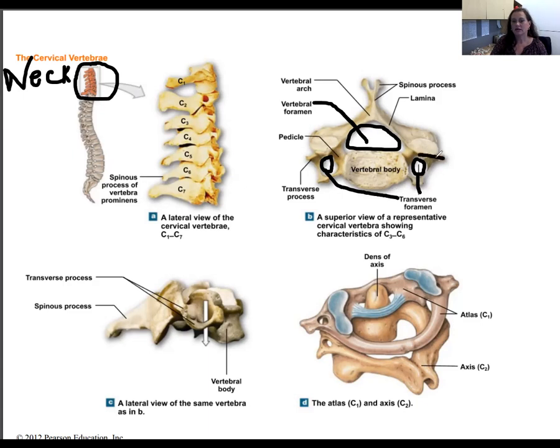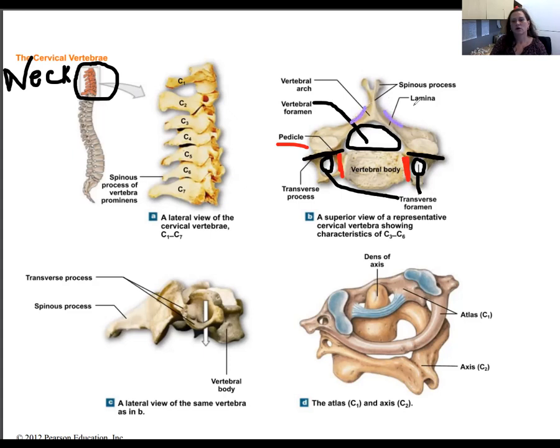Then this side goes out like this, and this side that goes out like this, that's your transverse process. Then I'm going to grab a different color. This red part that sticks down here and this red part that sticks down here, that is called your pedicle. Then you have the sides that go down like this.